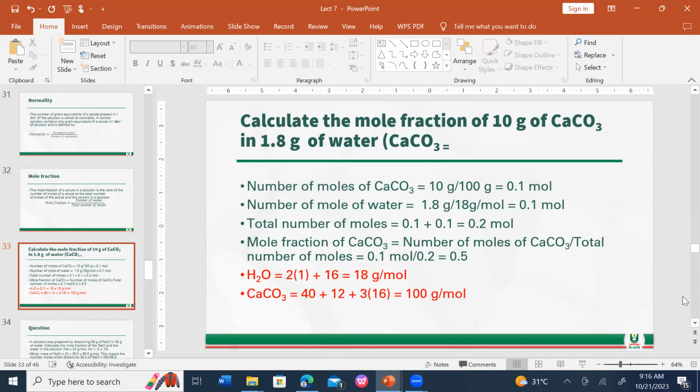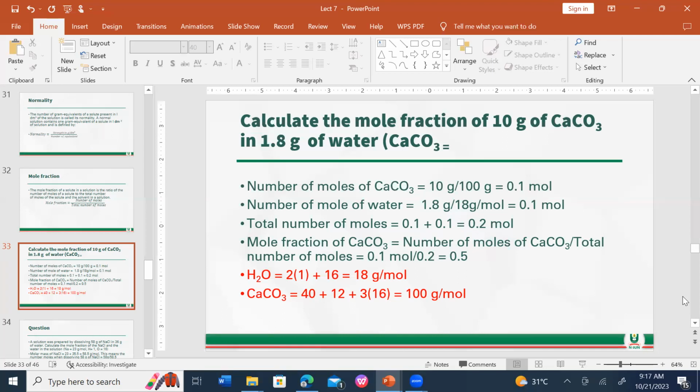Calculate the mole fraction of 10 grams of calcium carbonate in 1.8 grams of water. The first step is to calculate the number of moles of calcium carbonate. The number of moles is equal to the mass of the substance divided by the molar mass. The molar mass of calcium carbonate is 100, and the mass in the mixture is 10.